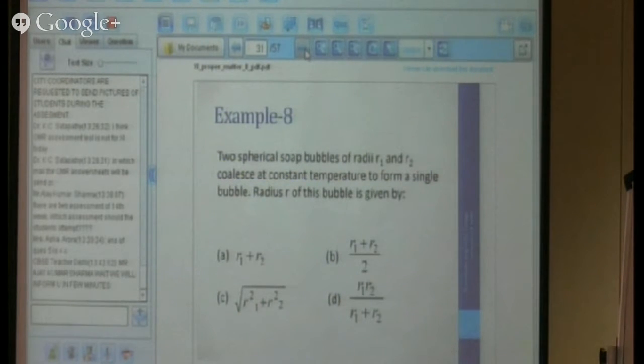So when two bubbles coalesce, what remains the same? See why I'm insisting on this part. Because I have to write the equation. Volume may not be the same. Why so? Because volume depends on pressure, and there is an excess pressure in the bubble, right?